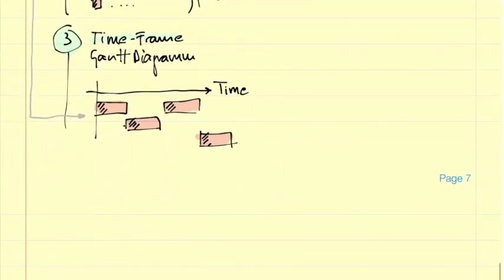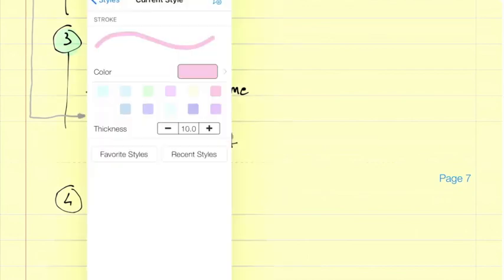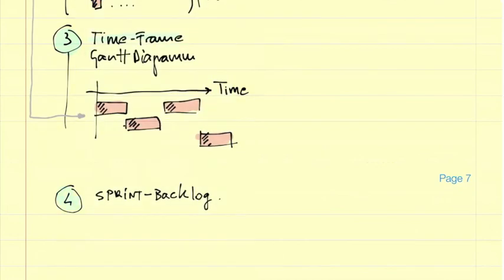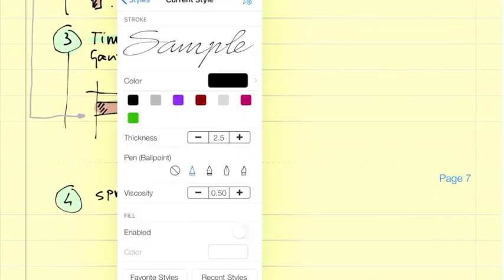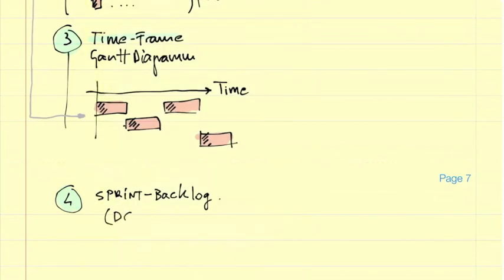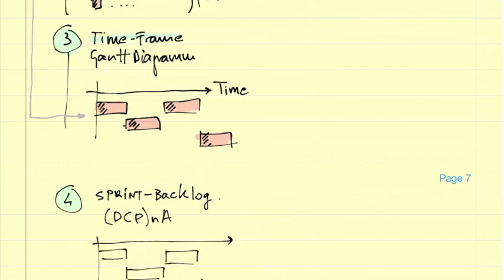Once you have your time frame, then you get into something called sprint backlog. And this is what we already mentioned before when we talked about our DCPNA. What you do is you look for places in your project timeline in which you're late.